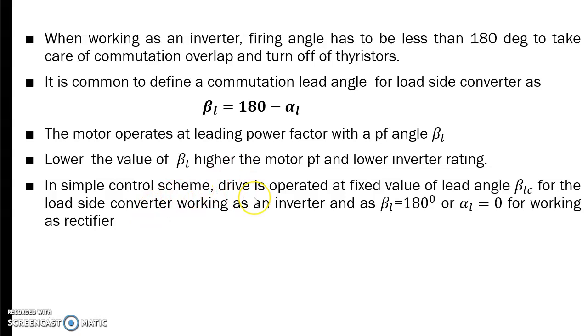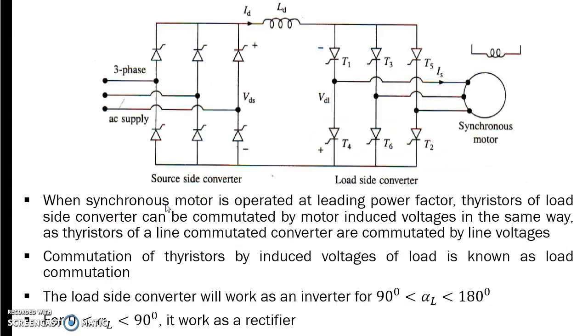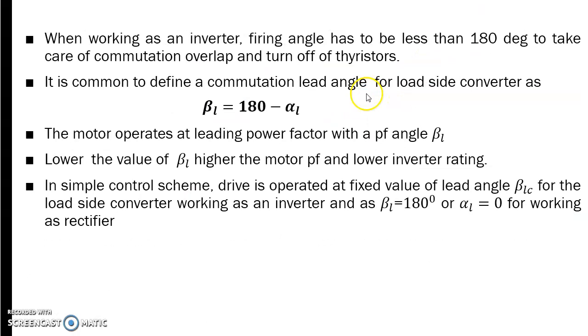So in a simple control scheme, the drive is operated at a fixed value of lead angle. Normally we fix it as a constant for the load side converter working as an inverter, and beta L is equal to 180 degrees or alpha L is equal to 0 for working as a rectifier. So if the load side converter is working as an inverter, then we make this beta L a constant value, beta LC.